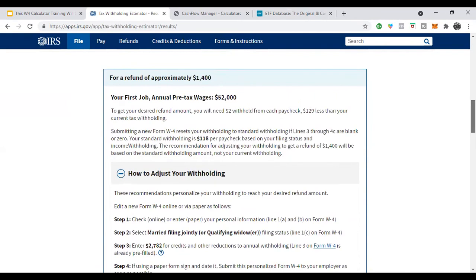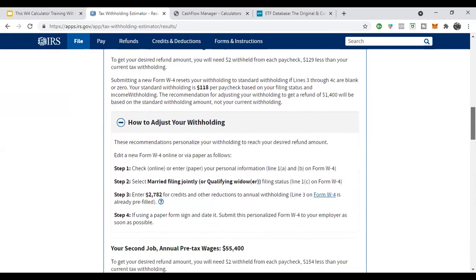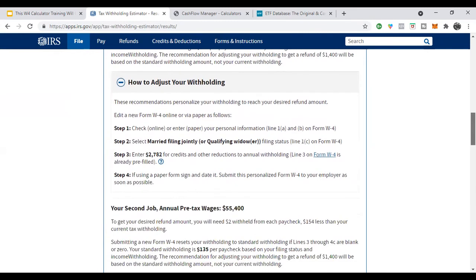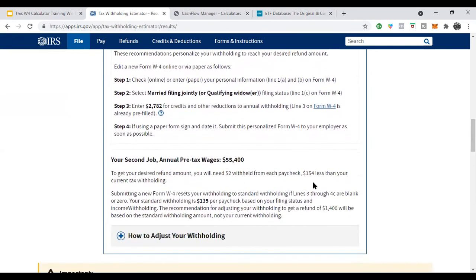If you do the math on that, that's about $258. And then on the second job, if you end up paying $154 less per paycheck, the queen is going to bring in $308. So we got $129 extra coming in per paycheck, and then $154 coming in per paycheck.